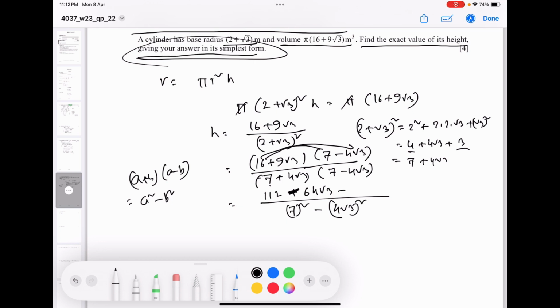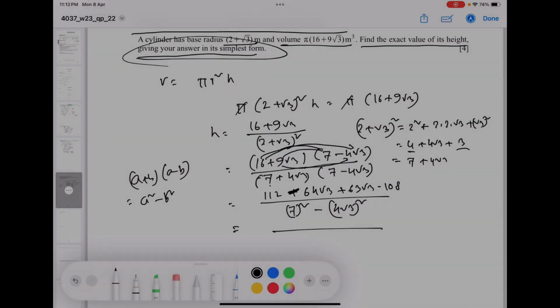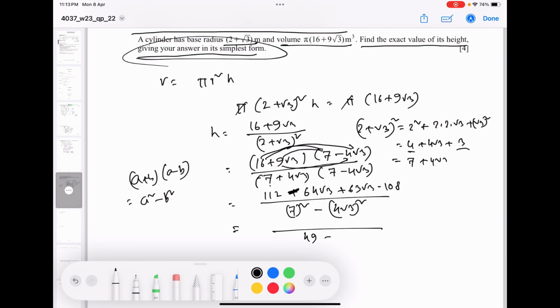Then plus 63 root 3, I mean 9 times 7, and then 9 times 4 is 36, 36 times 3 is minus 108. And simplify the denominator: 49, 4 fours are 16, 3 sixteens are 48, so 1. Then 112 minus 108 is 4, and minus 64 root 3 plus 63 root 3 is minus root 3. So the denominator is 1. So we can write here 4 minus root 3.